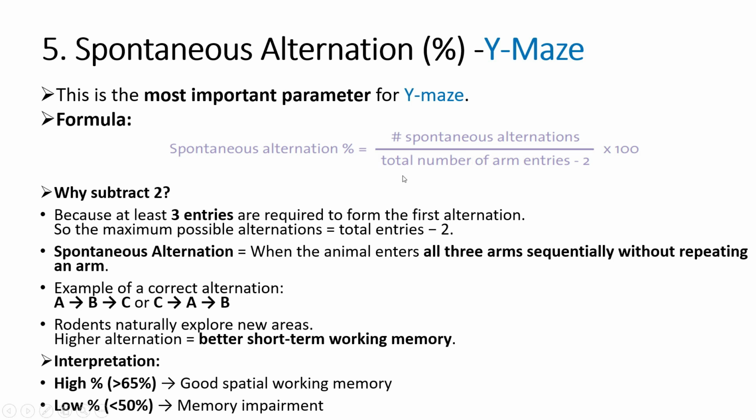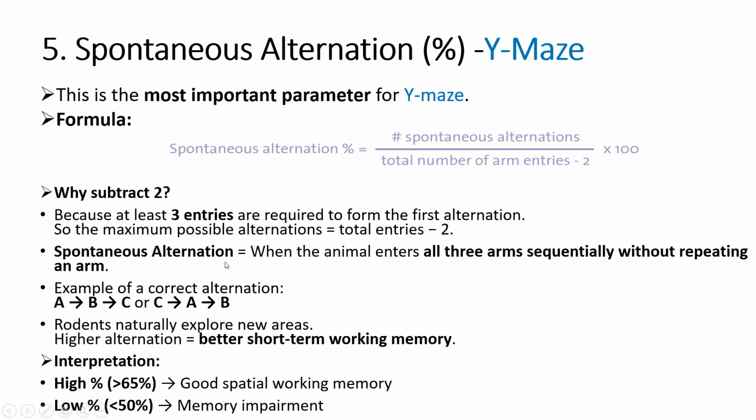So in the formula, for total number of entries, the maximum possible alternations, suppose it is A, B, C, it's one alternation. You have to count and write the maximum possible alternations. It's generally 4 minus 2.